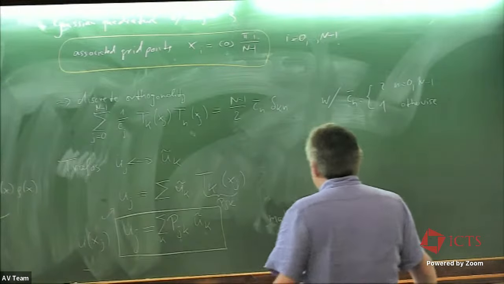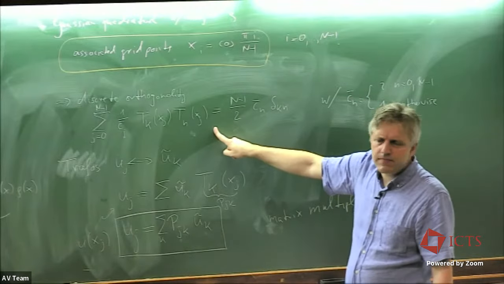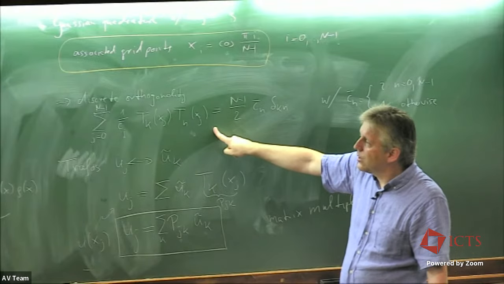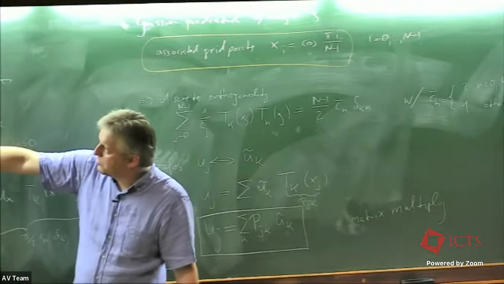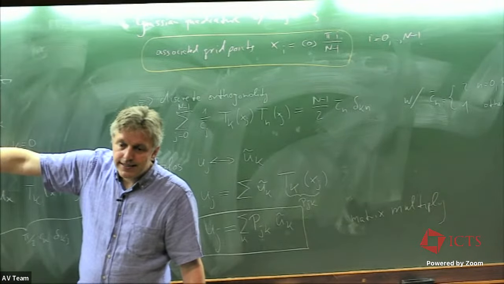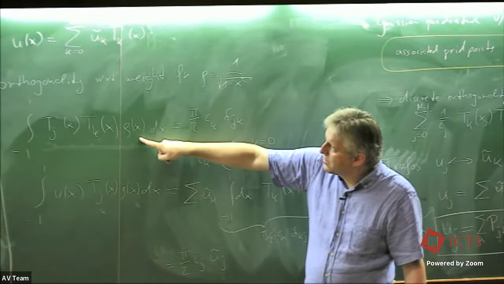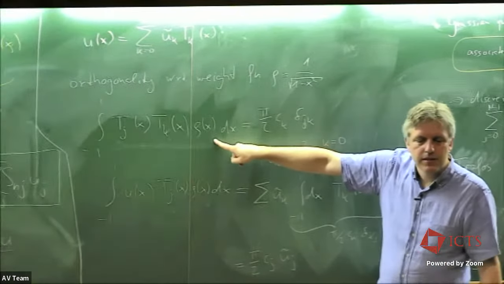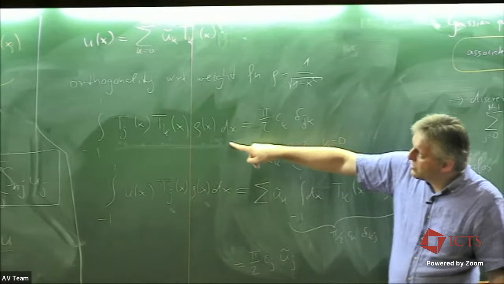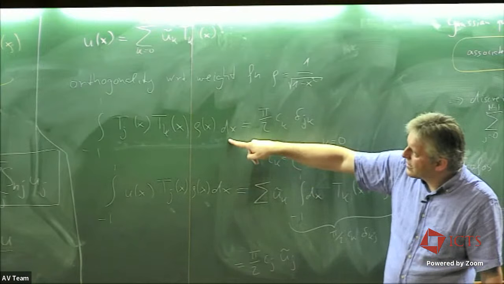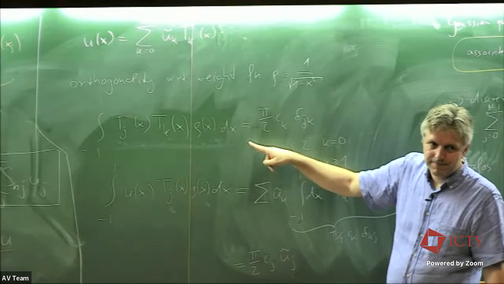in order to arrive at the discrete orthogonality, we have been using Gaussian quadrature again. So we want to do Gaussian quadrature of this type of expression. And I've told you yesterday, if you use the right weights and the right collocation points, then you can evaluate this type of expression exactly for polynomials up to order 2n.